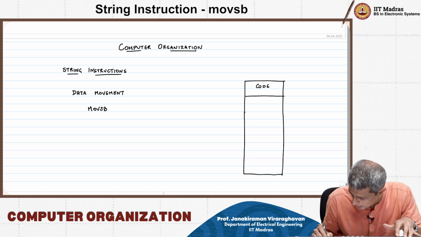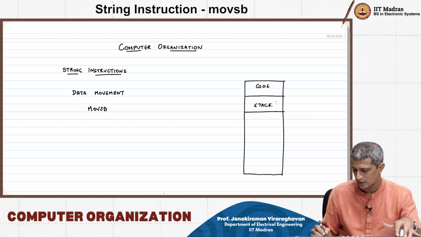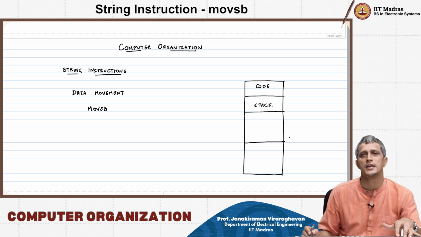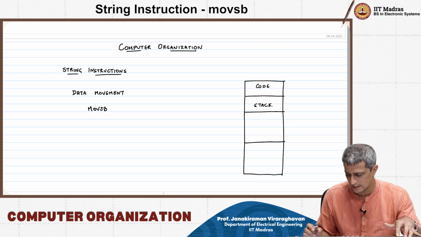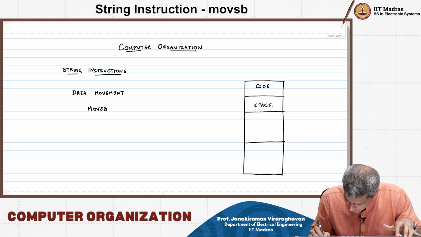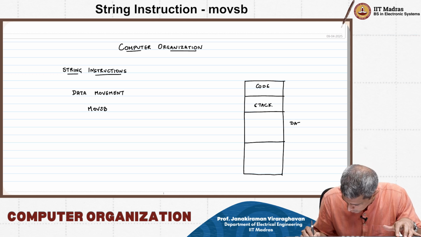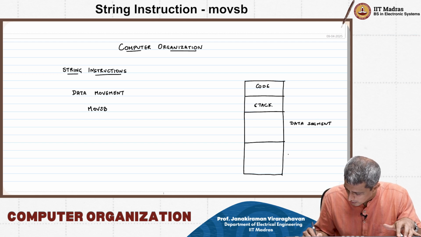Okay, this is the stack segment, because I'm going to deliberately deal with some data in the data segment and the extra segment, so I am going to simply keep it like this. Okay, this is my data segment, and this is my extra segment.